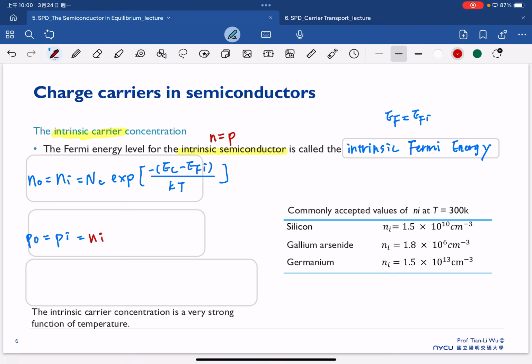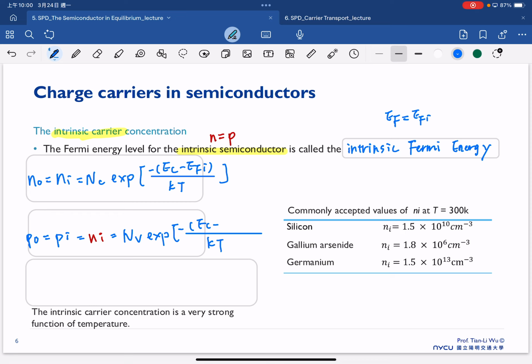So now Pi is equal to Ni, but again, we already have the equation to describe the P0. That would be NV exponential, over KT, minus EC.